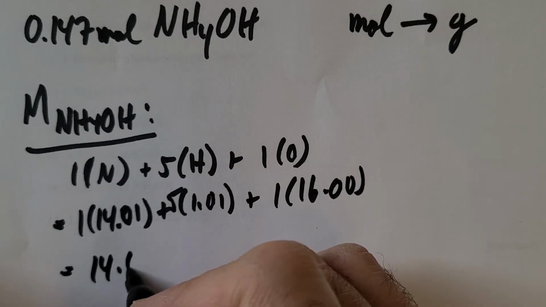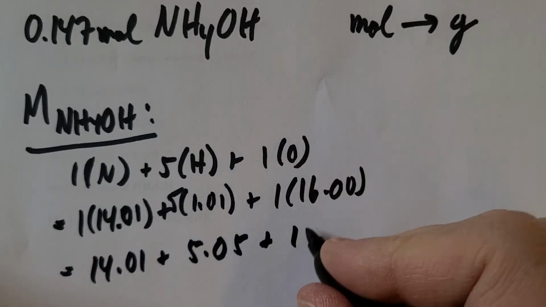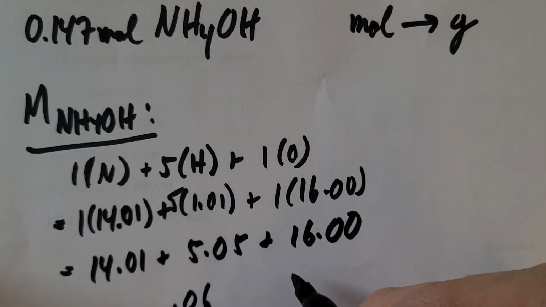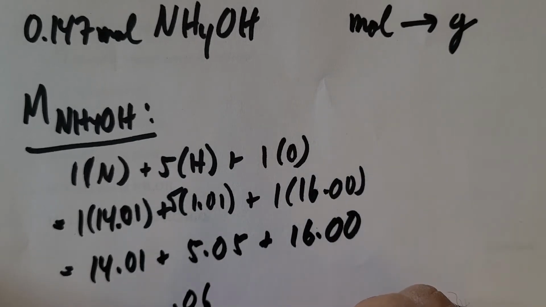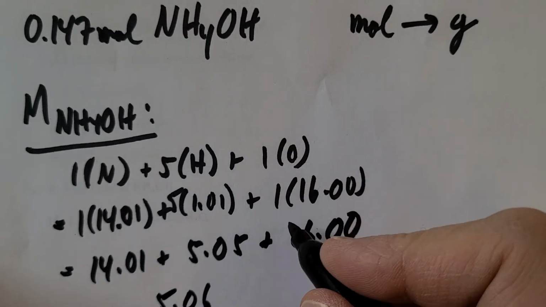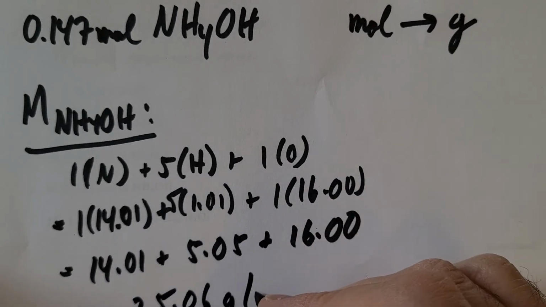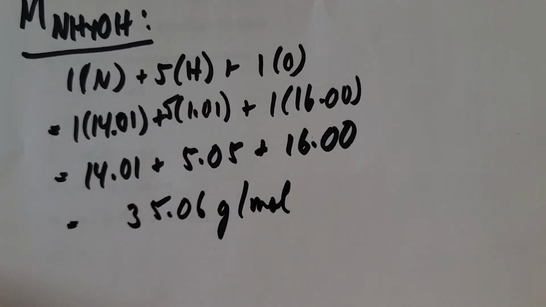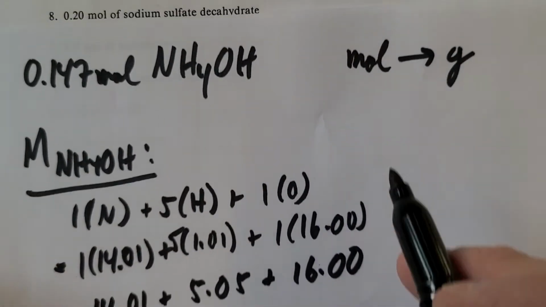So 14.01 plus 5.05 plus 16. That's going to give us 35.06 grams per mole.